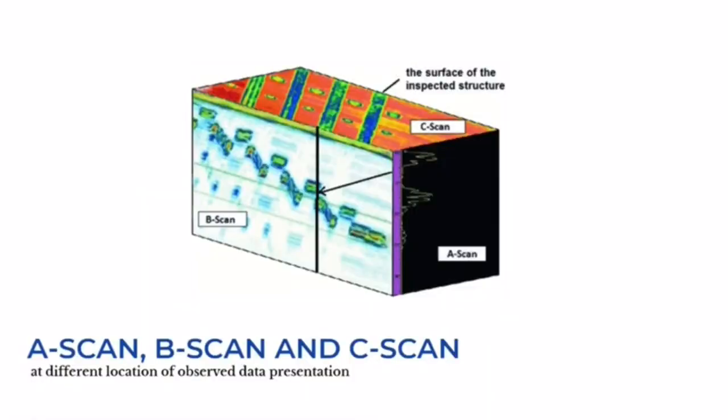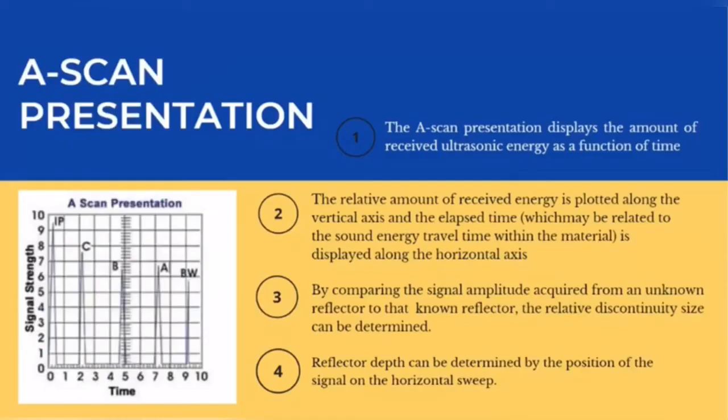From this slide, we can see that A-scan, B-scan, and C-scan are located at different locations of the observed data presentation. The A-scan presentation displays the amount of received ultrasonic energy as a function of time.